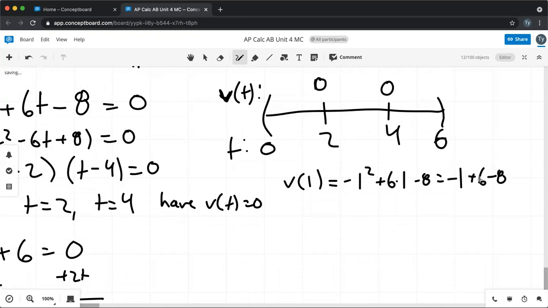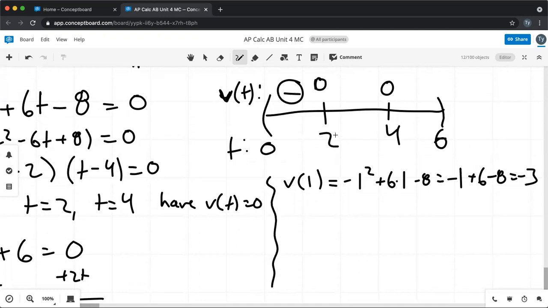Negative 1 plus 6 is 5, minus 8 is negative 3. So in this whole region, not just at this point, from 0 to 2, our velocity function is negative.